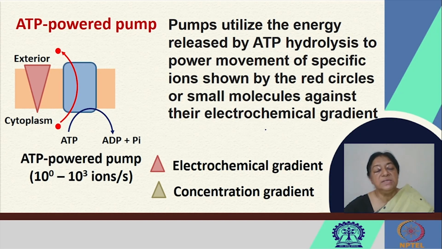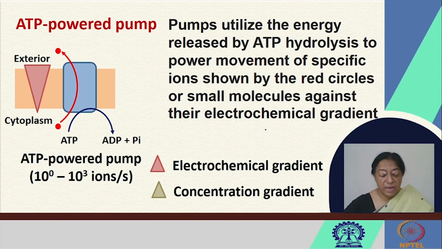And what this does is this powers the movement of the ions across the membrane. Now, this transport could be with the chemical gradient, with the electrochemical gradient, or against the electrochemical gradient in most cases where we have to have this process triggered by the ATP hydrolysis.